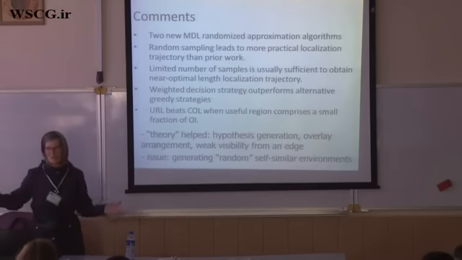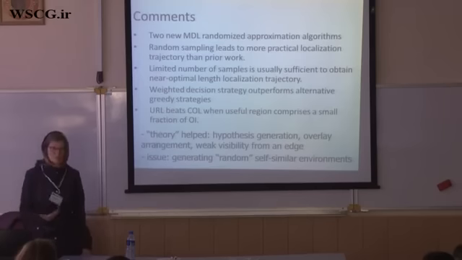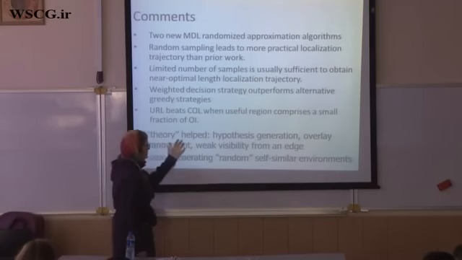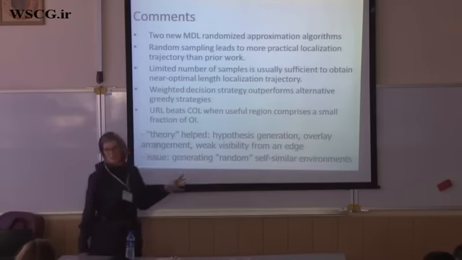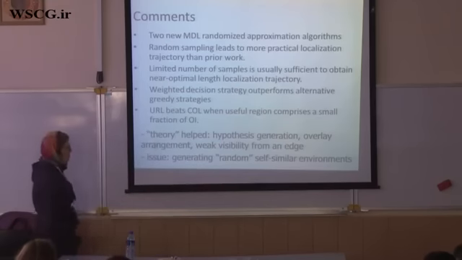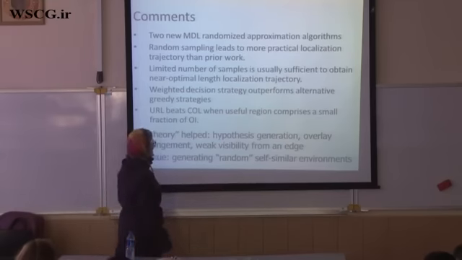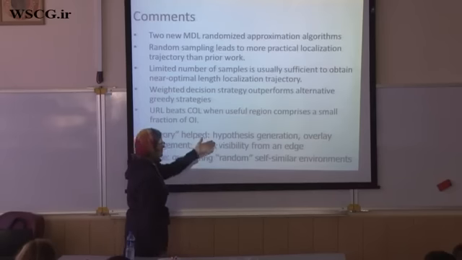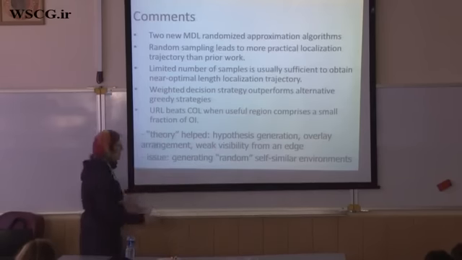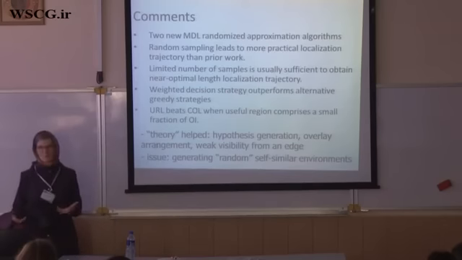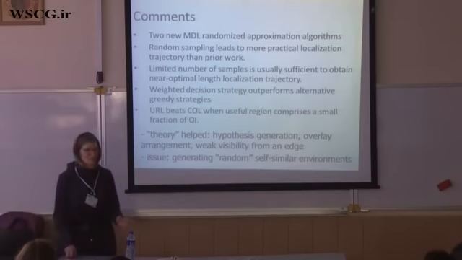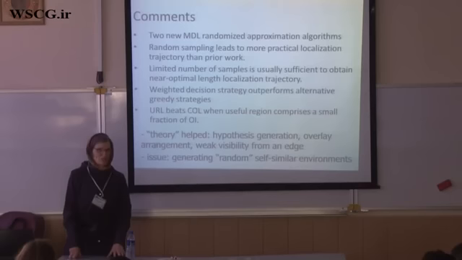theory might look very esoteric and useless, but notice that it's contributing some very useful concepts for this more applied strategy. It's the idea of generating these hypotheses, using an overlay arrangement, using weak visibility from an edge. Those aren't ideas necessarily that are going to occur to a robotics colleague.